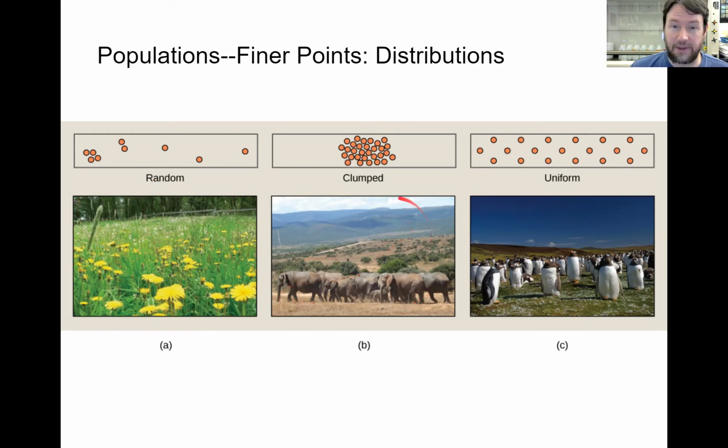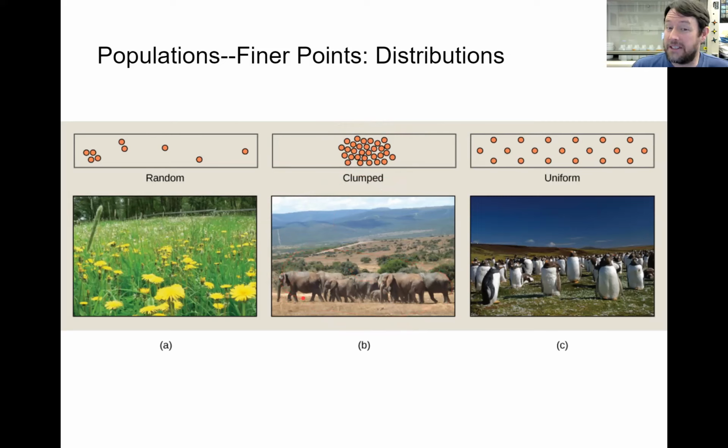Their populations tend to be clumped. They have their usual stomping grounds, and they travel in herds. So they stick together for protection and for mutual benefit for the individuals in that species. And so that might be a clump distribution.